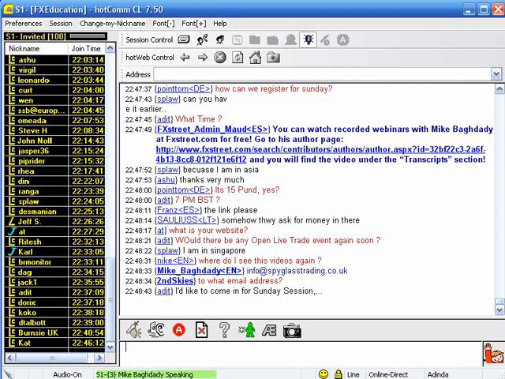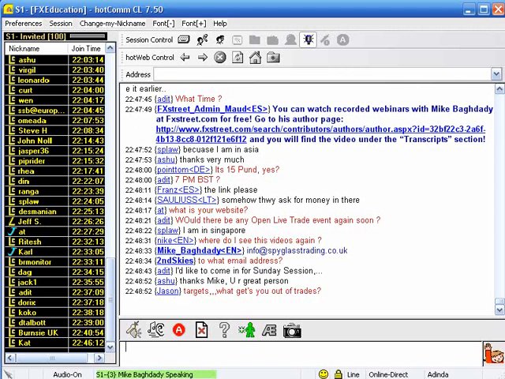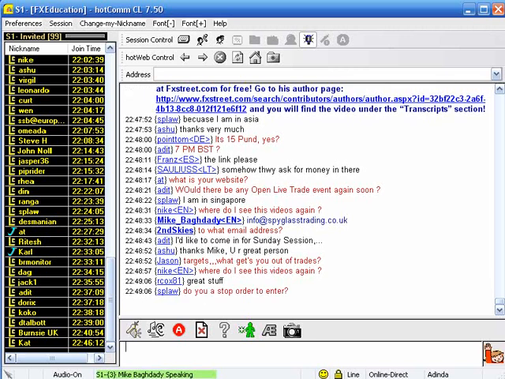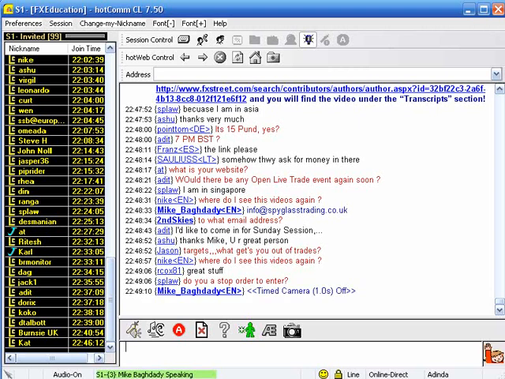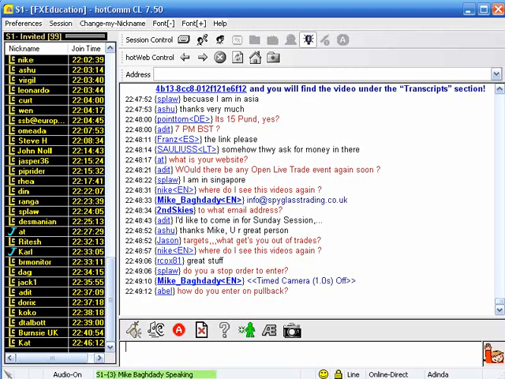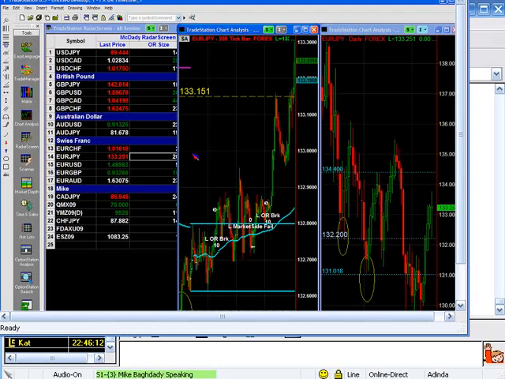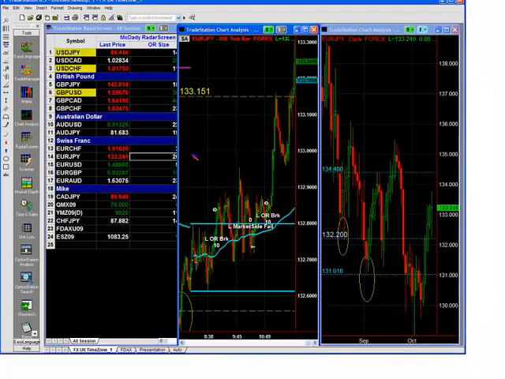Now, does anybody have any questions about the stuff we have been talking about today? Somebody was saying mass psychology, that support and resistance turns support. Now, here is the point.